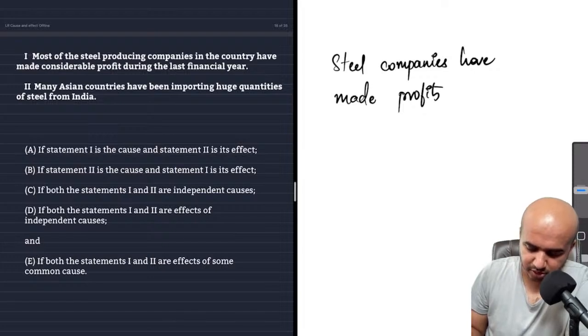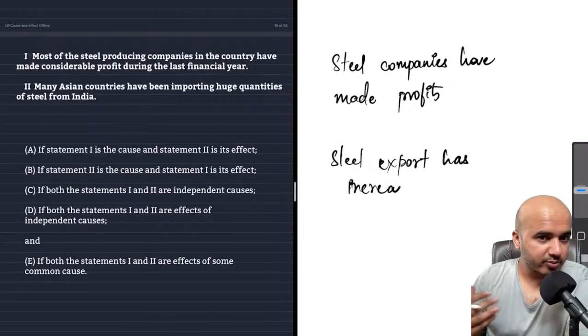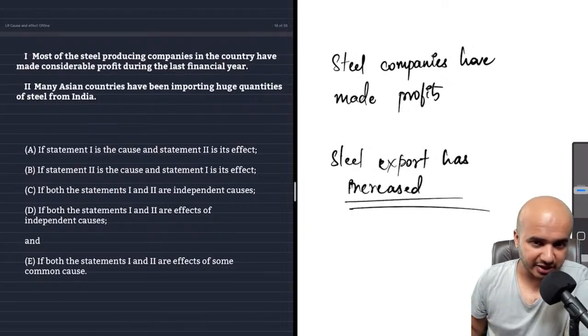Steel import has increased. In fact, steel import from their point of view, for us it will be export anyway. Steel export has increased. Where? In India. So we are exporting more and more steel to other Asian countries, and at the same time they also say steel companies in India have made a lot of profits.